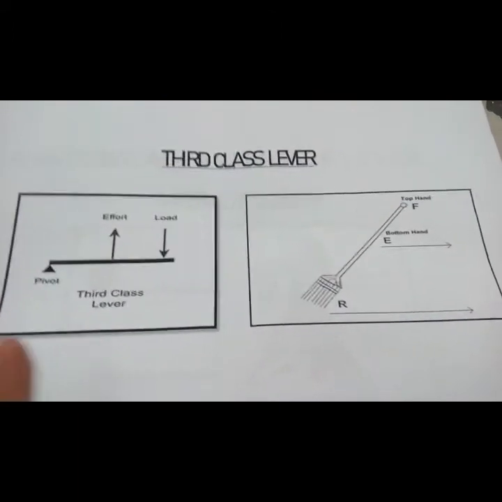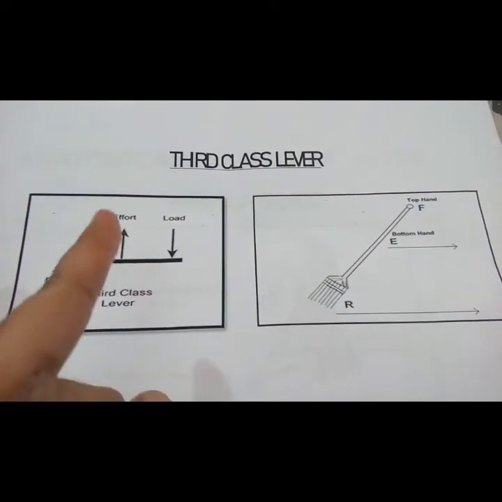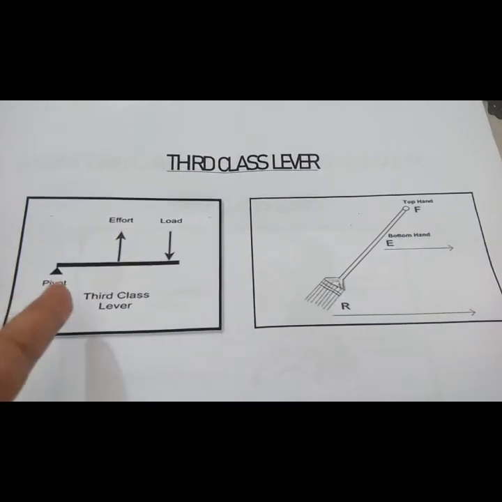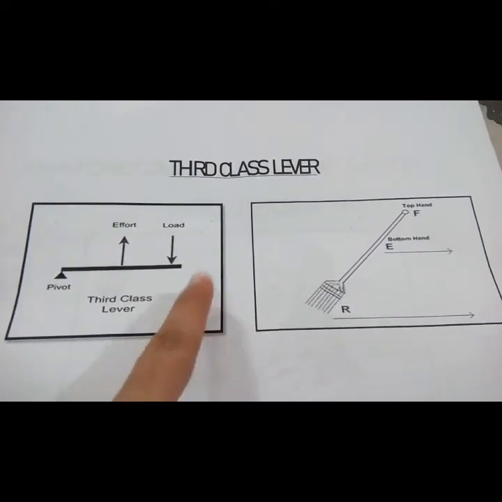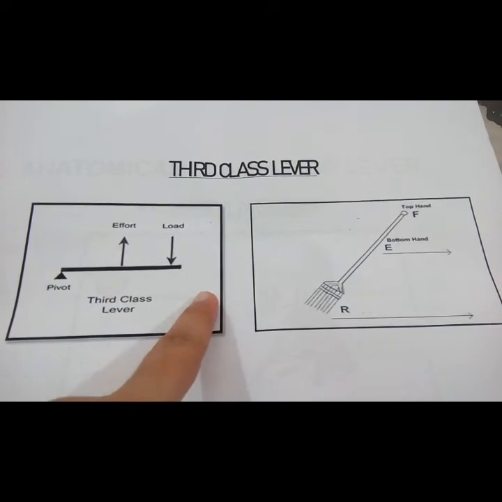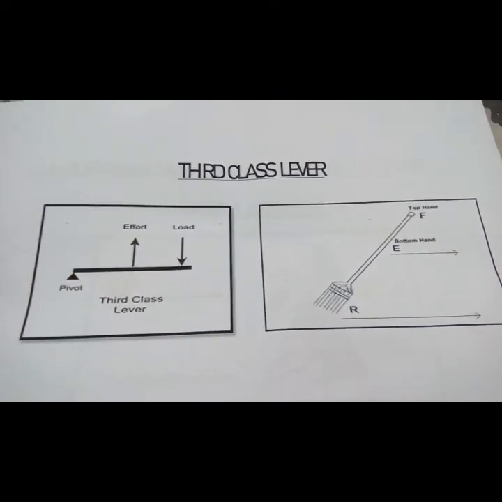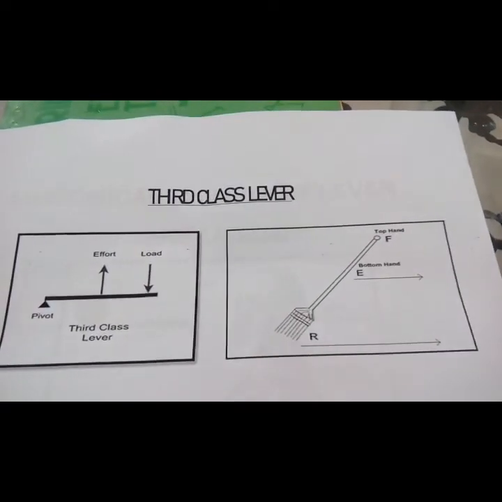Third class lever. In a third class lever, the effort is between the fulcrum and the resistance. The resistance or load is on one side of the effort and the fulcrum is located on the other side. Let's take an example of a broom.